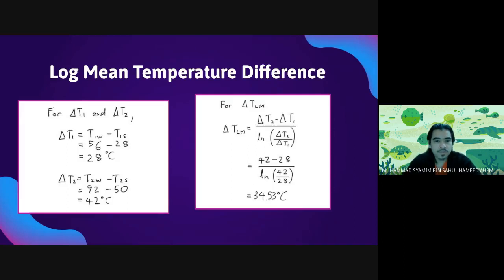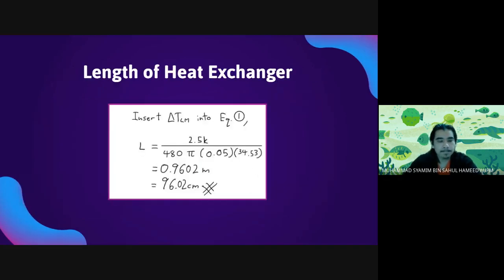Then we use the equation to find the log mean temperature difference, and we obtain 34.53 degrees Celsius. Then we insert the log mean temperature difference into equation 1, and therefore we get about 96.02 centimeter.